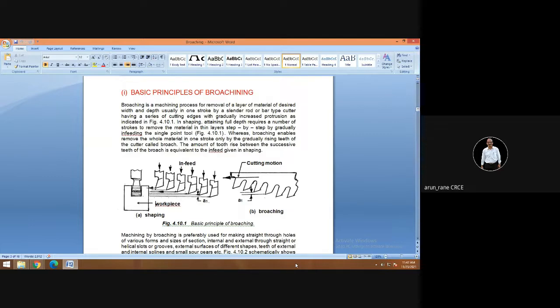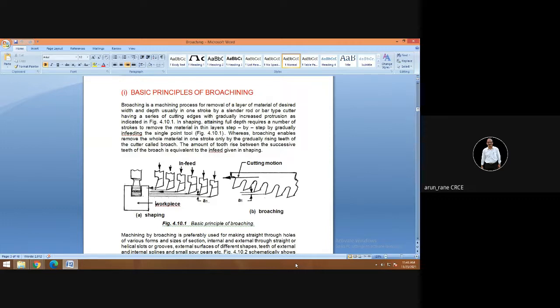Now the length of the hole to be broached is 50, and if the length of the broach is say 300 mm, that is the length which has to be passed through the hole. So 300 divided by 7 meters per minute is the cutting speed, and you can calculate the time required.